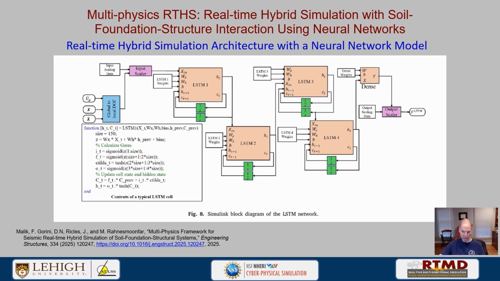The output is the forces at the interface, because the input is going to be the state, the displacements, velocities, and the ground acceleration shown here, and again the outputs on the far right. What we're porting in here is the weights. We have to store these in memory, as well as the bias, and that becomes part of the input for each LSTM layer, as well as the daisy chaining of the output from one layer to the next.